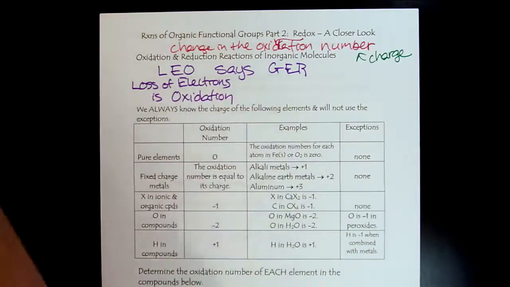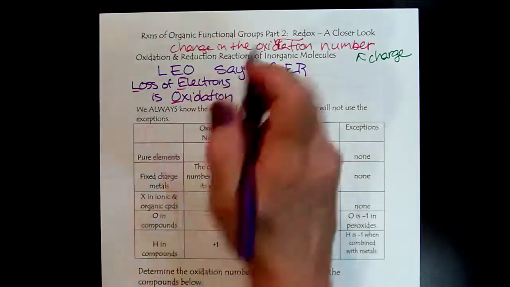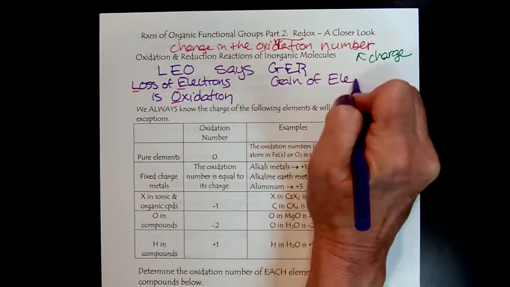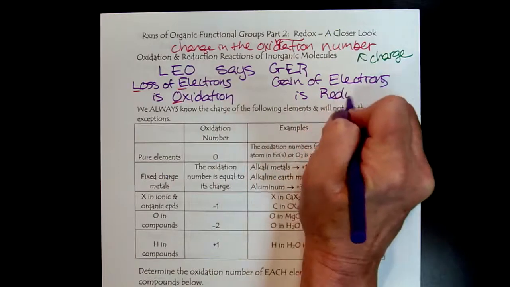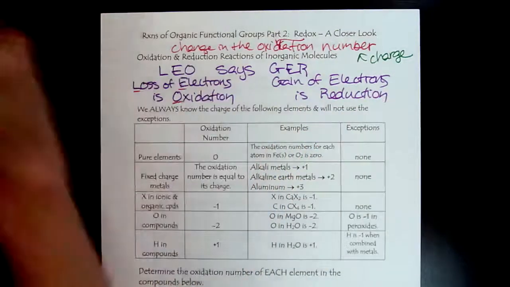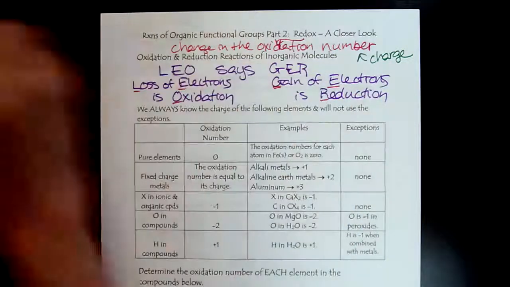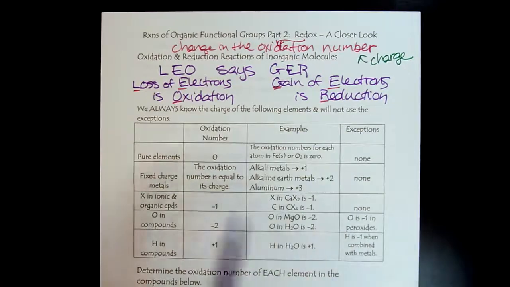And then the Ger was gain of electrons is reduction. If this is feeling a little sketchy, it wouldn't be a bad idea to go back and rewatch that earlier video. We're going to get a little more formal now.